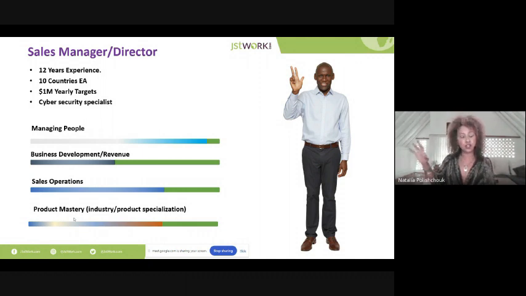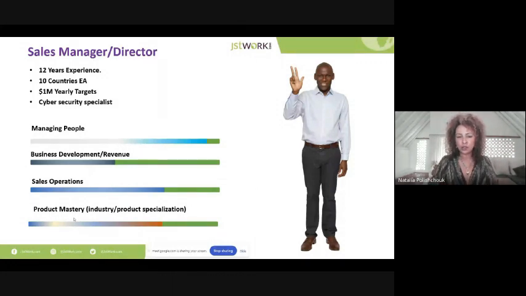I don't need you to be a technical person, but I need you to be an expert in your field. So let's say you are not cybersecurity, but you want to sell me, let's say, luxurious motor cars. I still need you to have good knowledge of cars, basic product mastery. How are you going to be able to sell anything to someone if you don't have that product mastery?